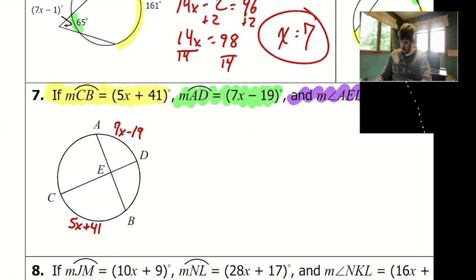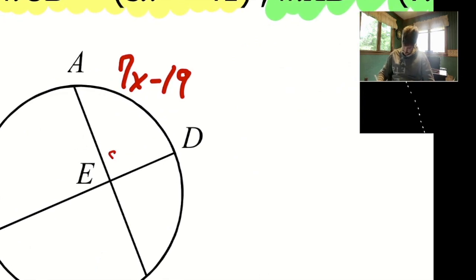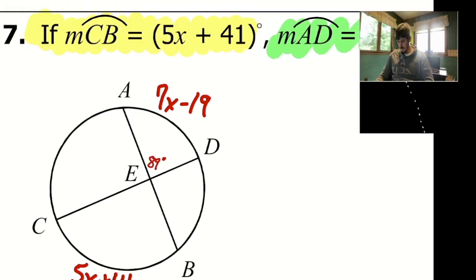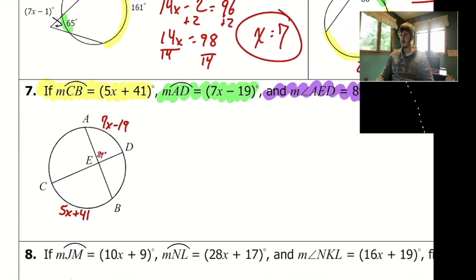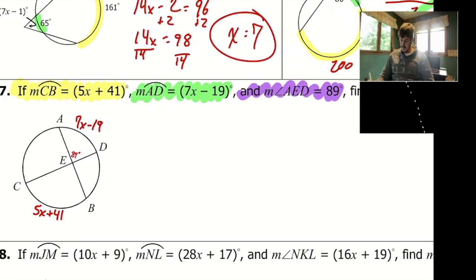So where's AED? That's right in here. And I'm going to highlight the piece of information that they want me to find, which is arc AD. Right? Arc AD. So that's this one right here.